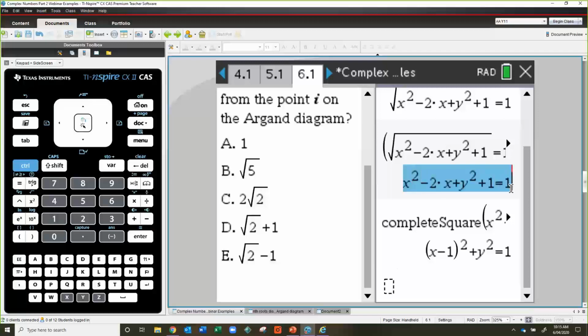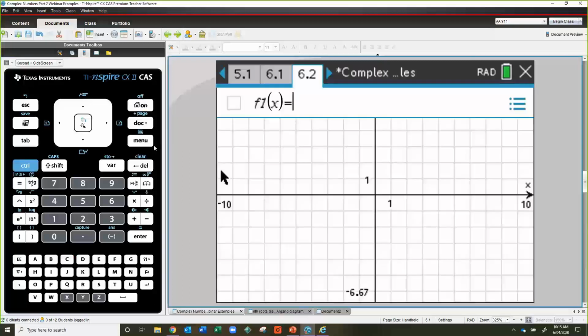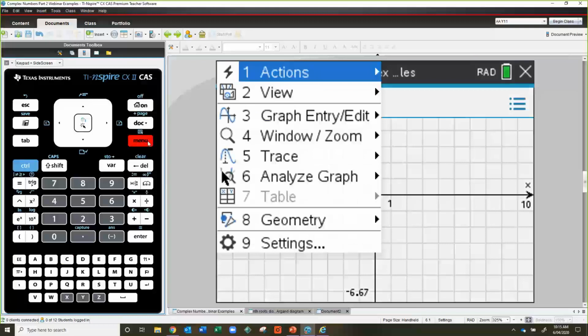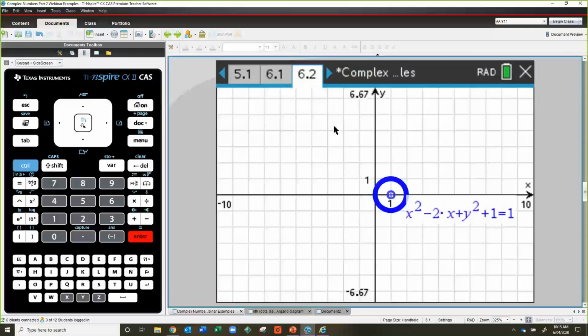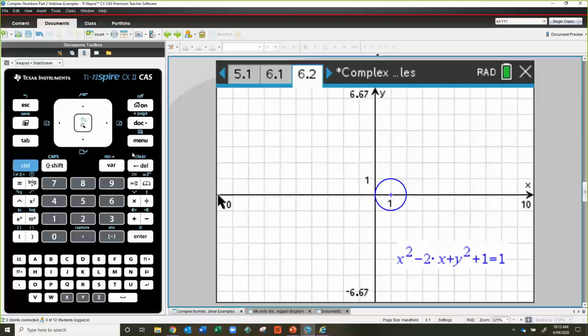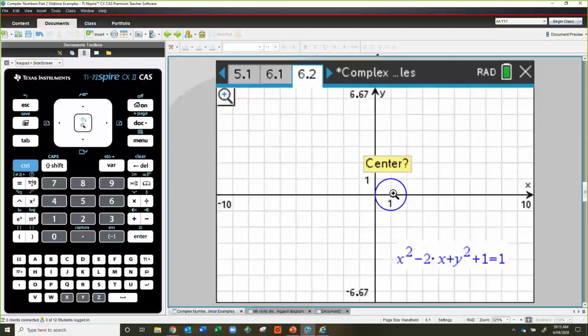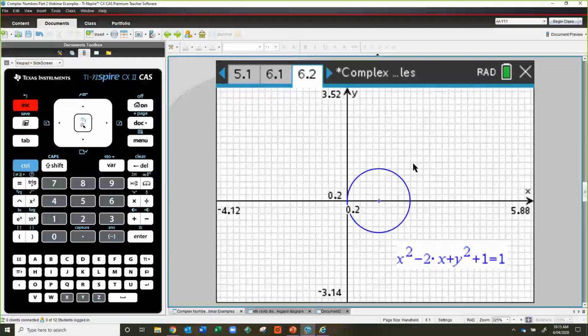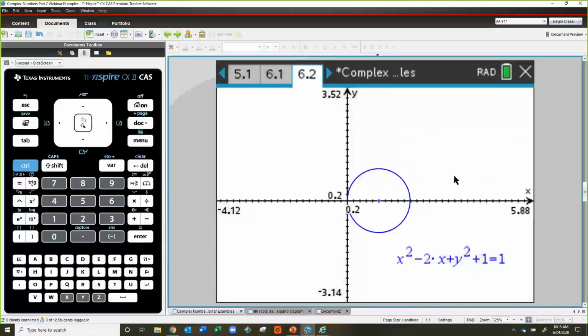Now I can take this, and you press Ctrl-C, and then we go to the graph, and we change menu to relation and Control V. So we have the circle drawn here. Just move it. We can make it a bit bigger, zoom in somewhere here. I had the grid showing, I might hide grid.